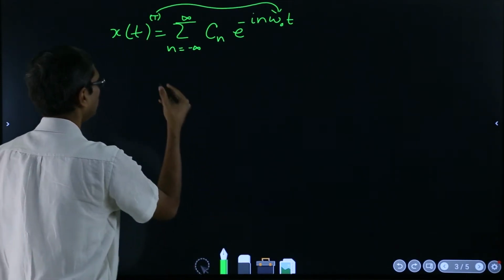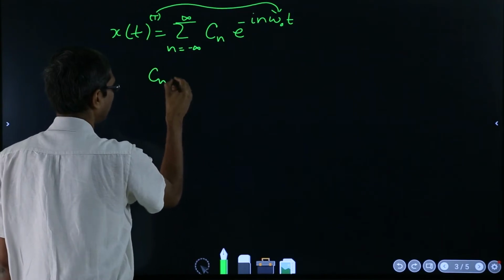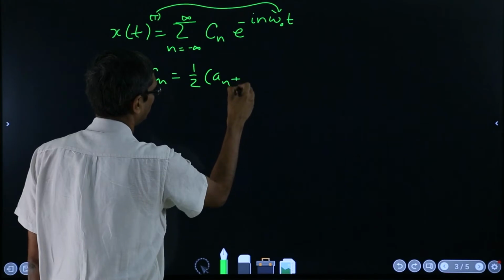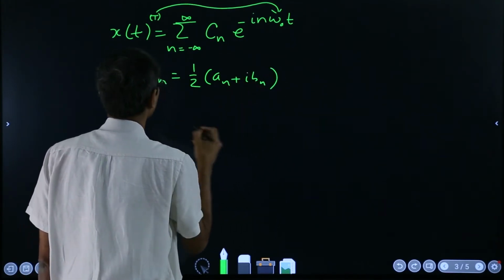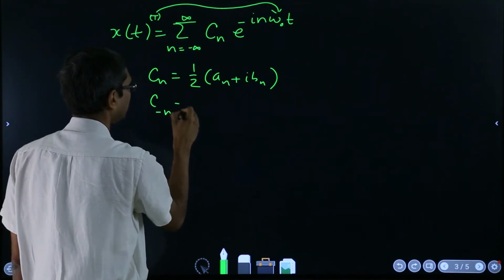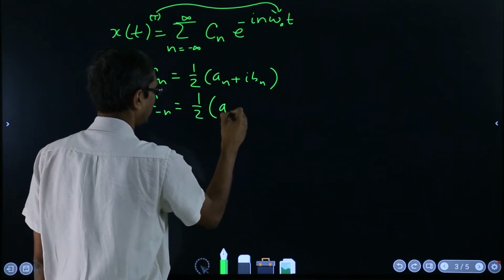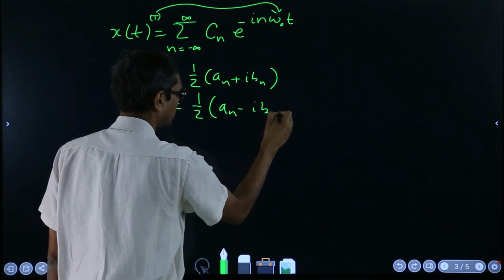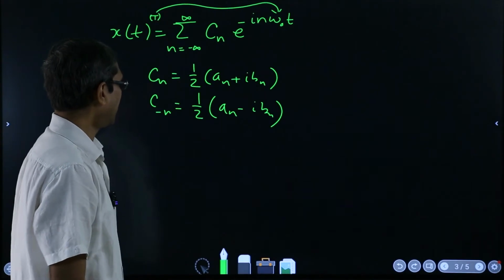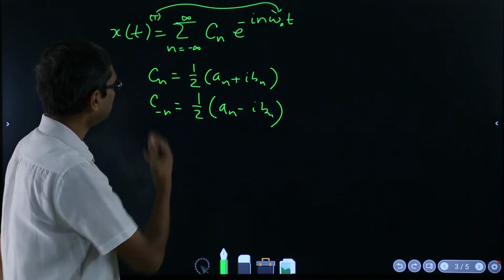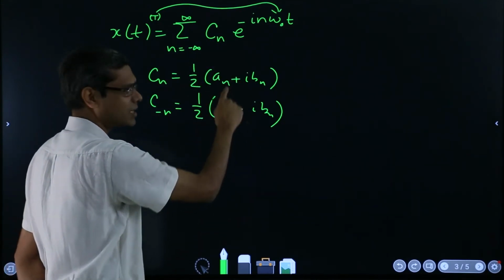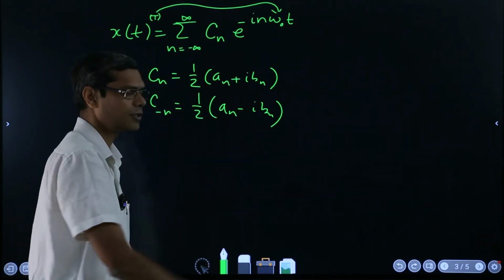And then here, your Cn will be half of an plus i bn, and when n goes to the minus side, C of minus n will become half of an minus i bn. That is the complex conjugate of this. Okay, and so if you define Cn like that, these two terms will sum up and the half will become 1.